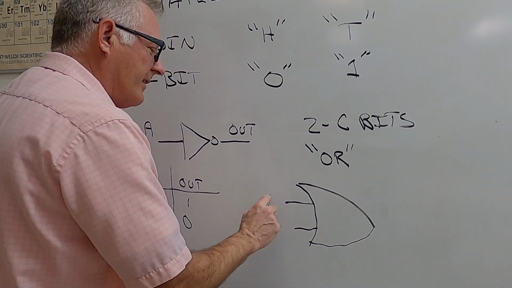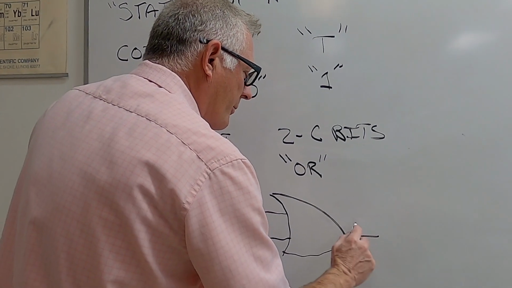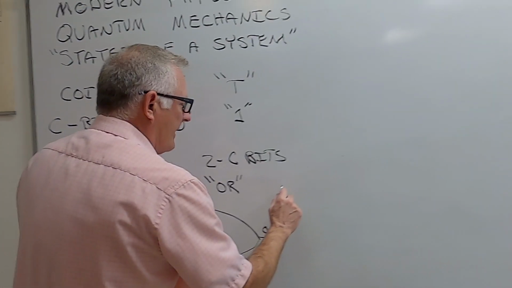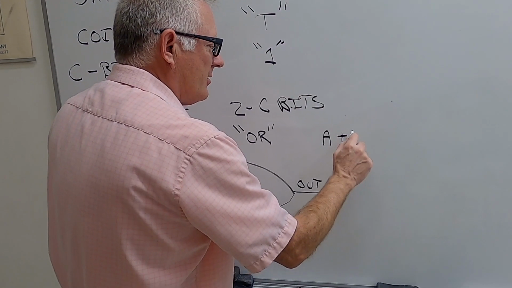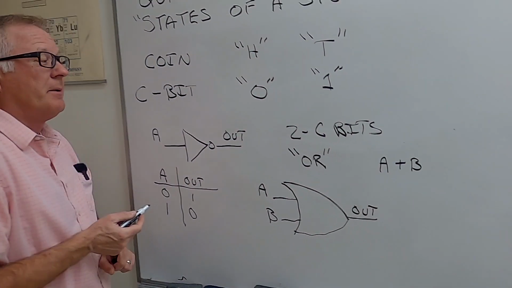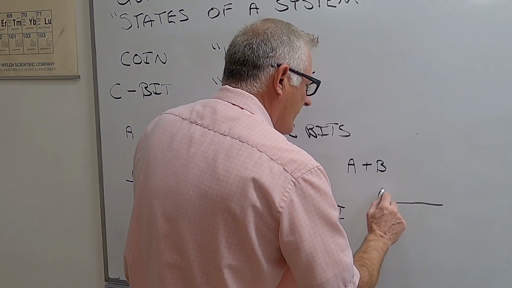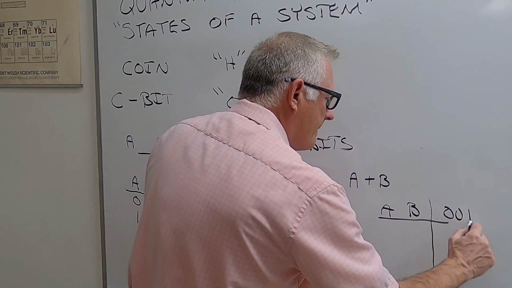Now you've got two C bits, say A and B, and this is the output. Mathematically, OR is a lot like a plus, so we write it as A or B. Now the table for it has A, B, and an output.